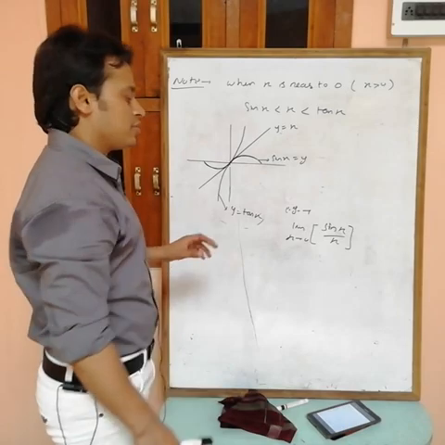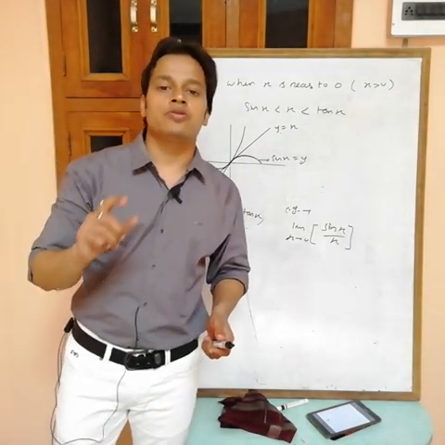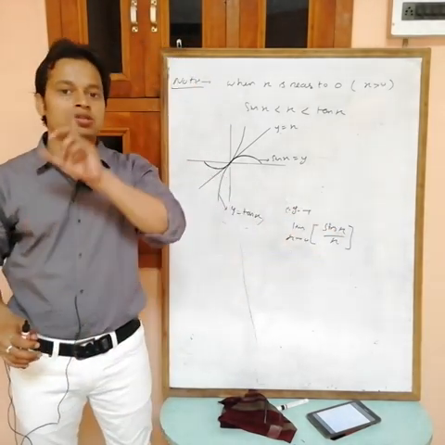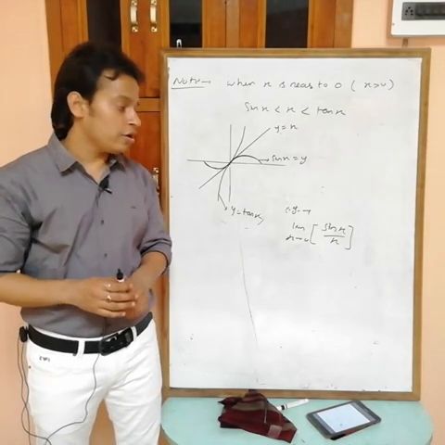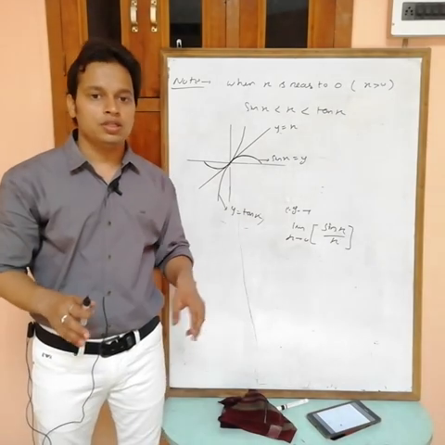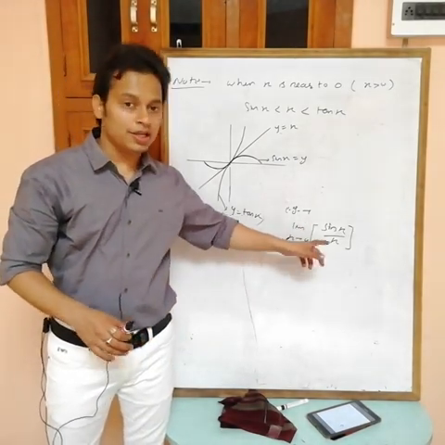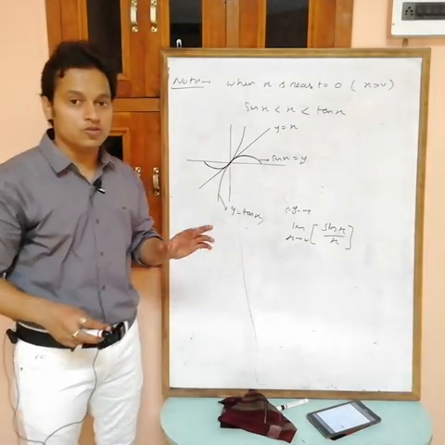Now if you take only sin x by x, the limit as x tends to 0 is equal to 1, but the exact value of sin x by x is not equal to 1. It is a little less than 1, and the greatest integer of any value less than 1 is 0.